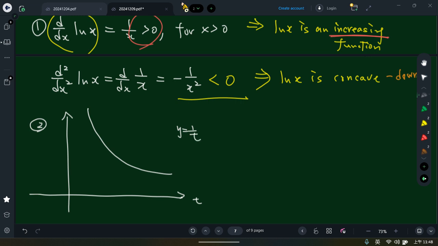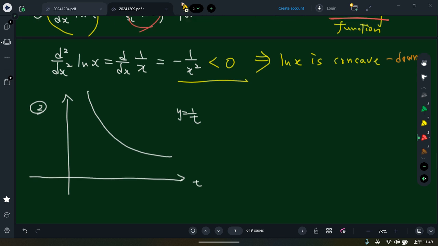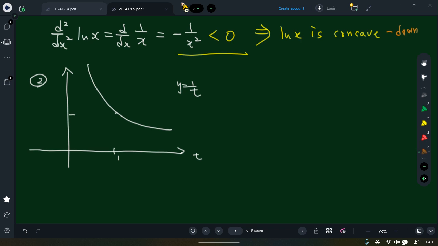Then for the function itself, it will be increasing, not just passing 1. Here is 0. Then the function will be increasing, but concave down.